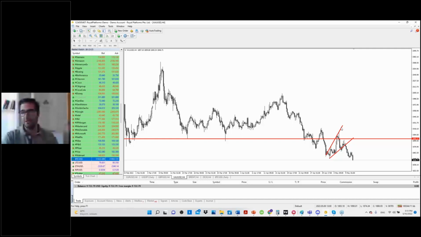So after the break of this pattern, we should expect a move to the downside, because this is a continuation pattern. We have impulse, correction in the form of a wedge, and then we should expect another impulse to the downside.